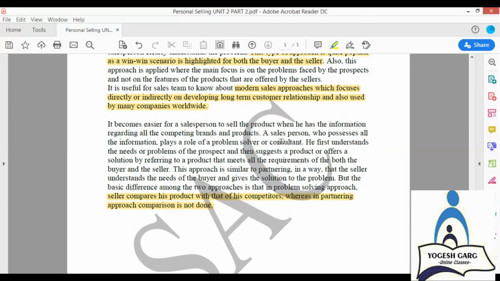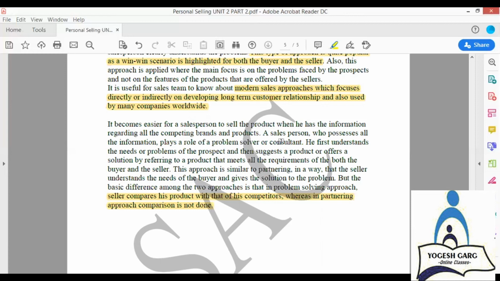And if the customer asks how your product is better than this, and you know the customer might have already visited other companies or showrooms and is well aware of the product range, quality, memory or memory card, or any electronic item.